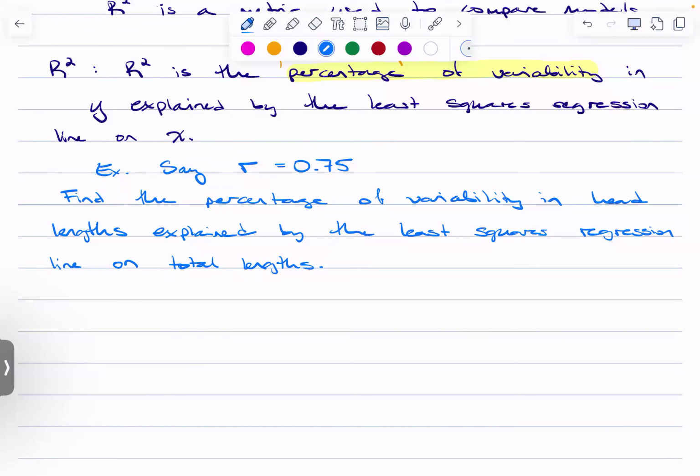Which means find R squared, right? See that percentage of variability here? Boom, stop reading. Well, maybe confirm.